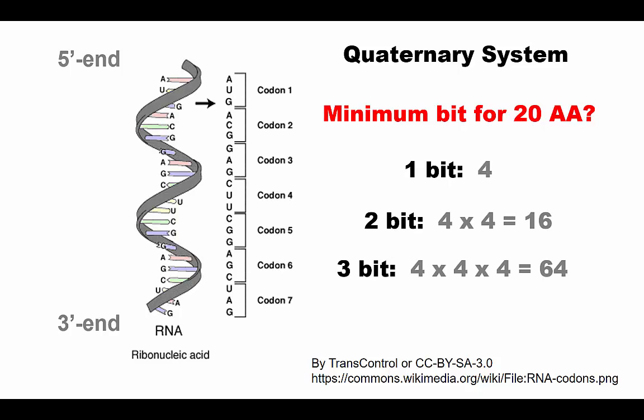So actually, that's correct. Our biological system is also utilizing a minimum 3-bit system here, 3-bit as the encoding system for one amino acid. So in that sense, we can call our biological machinery a 3-bit computer. Interesting, isn't it?